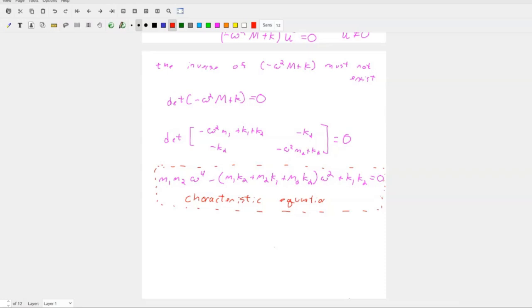Is this the determinant? Is this the characteristic equation? This is the characteristic equation because it has an equal sign. So this is an equation. And we found it by taking the determinant of the left-hand side still equal to 0.